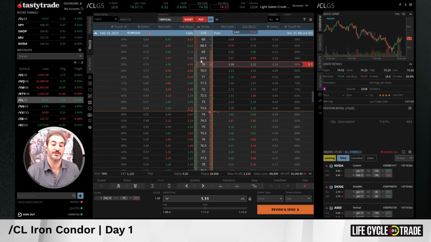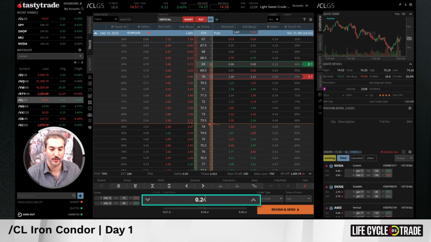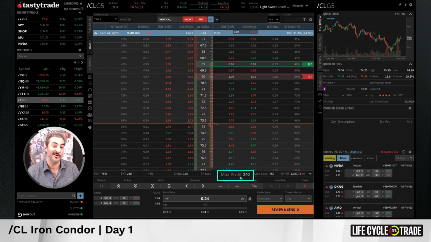That's your multiplier, which means that if you do a 1 point wide spread in the options, it's going to be $1,000 of total value here. So I'm selling it at 24 cents, which is $240 in credit, and $760 in max loss, because that's the width of the spread. The spread is 1 point wide, which is $1,000 in total value.